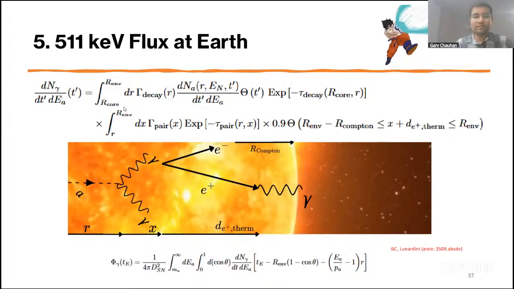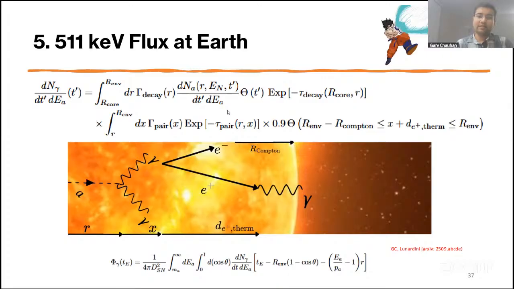You're only taking into account time periods which are after the post-bounce. And this dr times gamma decay calculates the number of decays that happen within some width dr. So overall, this first part gives you the number of axion decays that happen and the number of photons that are produced.